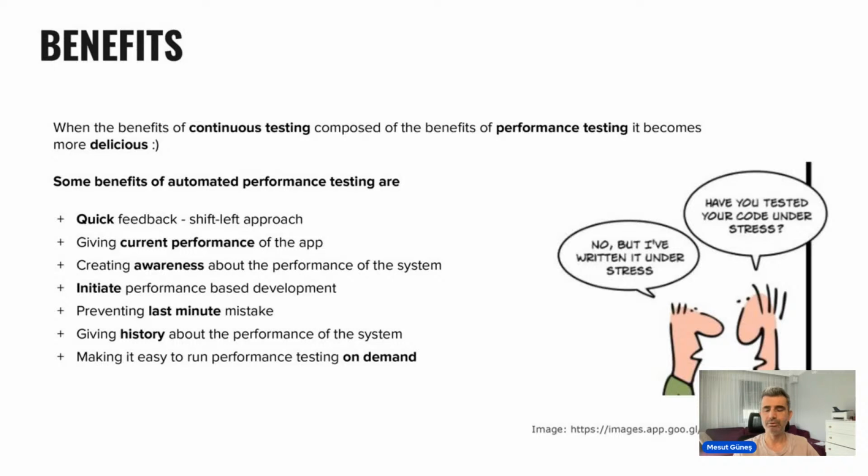Maybe you need to create a commit in a minute for a fix, but if there is something wrong with performance, it is not a good idea to release it, right? Also it is a good idea to get historical data, which means that whenever your system is behaving well and maybe sometime later it turns bad, you are collecting all the historical data and evaluating your system.